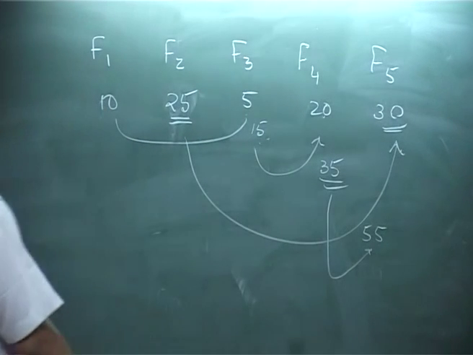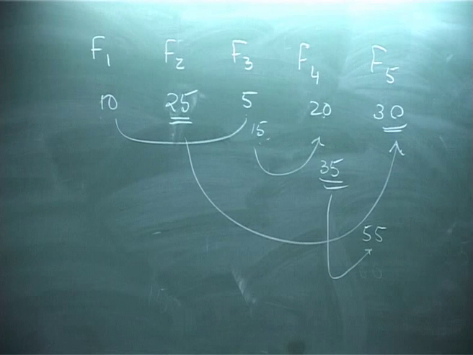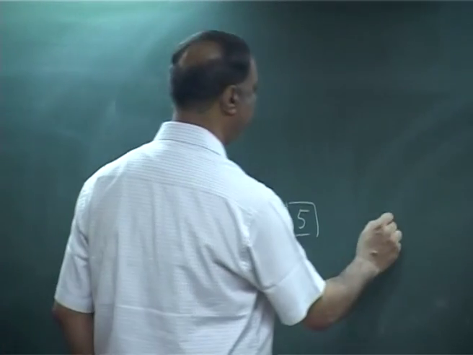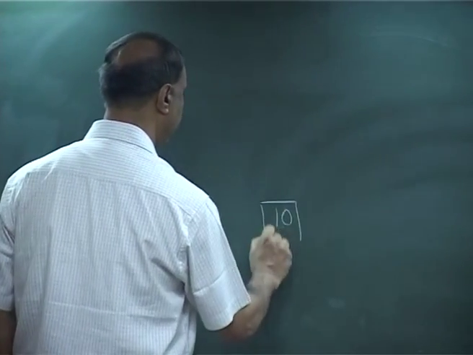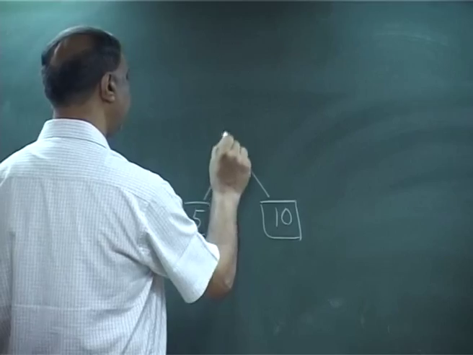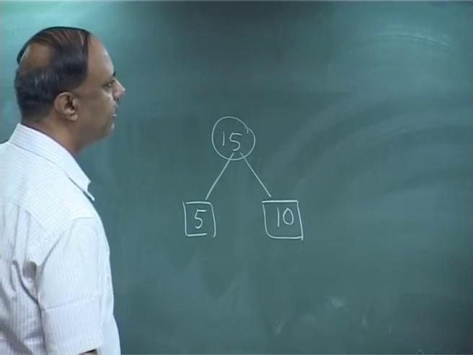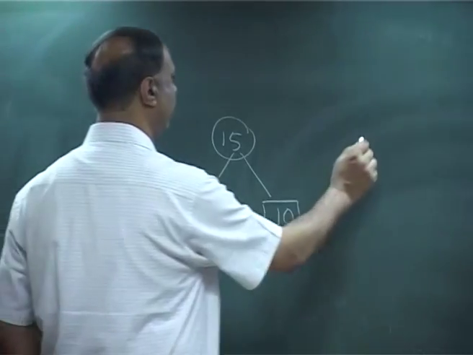Okay? So basically, if I represent it in the form of a tree, what I will do is put first 5 and merge it with 10, I get 15, and then I get 20.